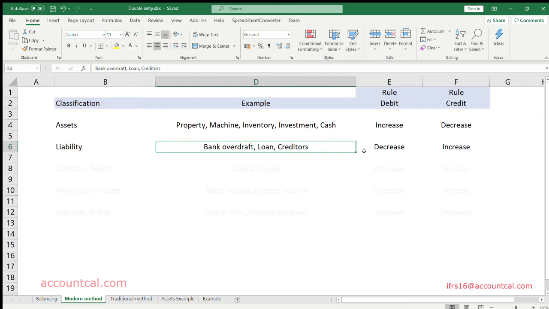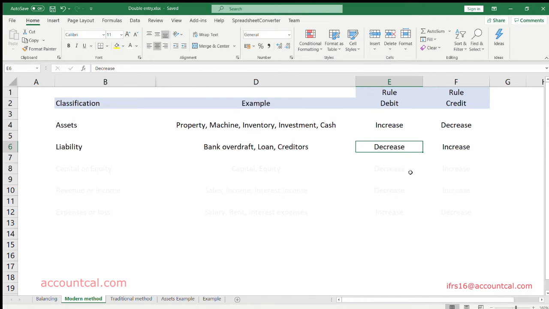When any liability decreases, you debit that liability. This is just the opposite of the rule of asset. If the liability increases, credit that liability. So it is just the opposite of what you do for an asset.